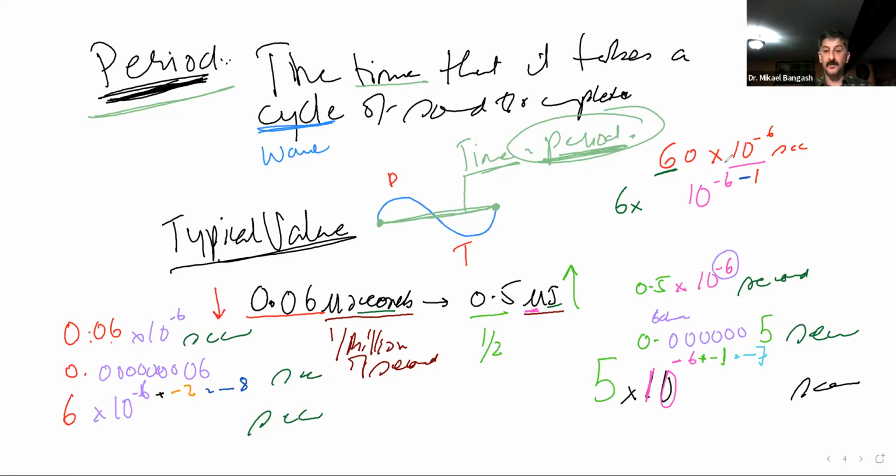So 60 microseconds is going to be 6 times 10 raised to the power -5 seconds.